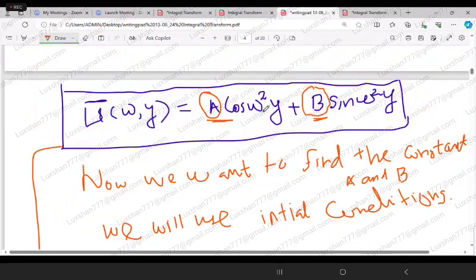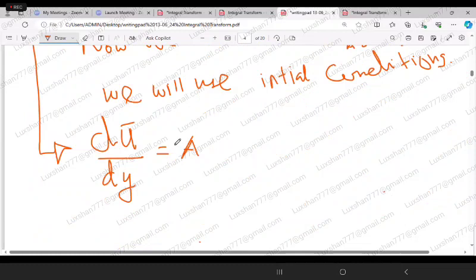Yeah, actually here it is cos ω², no? If you differentiate the cos, there should be a minus here. Sorry, this one is sine, no? Earlier also we wrote it wrongly.